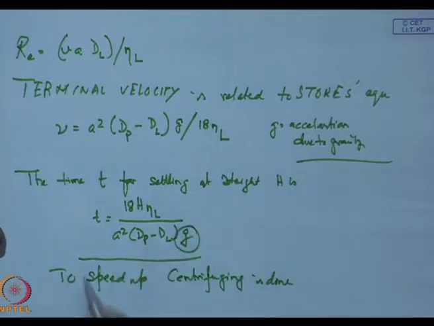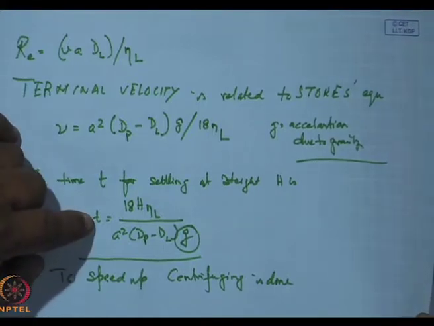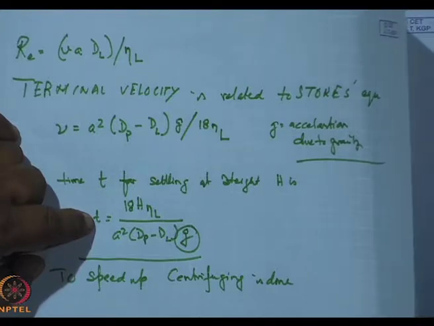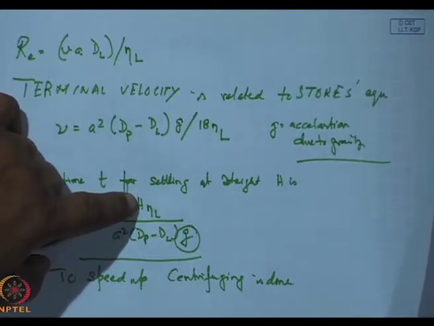The value of G goes up, the time reduces, and hence from here we can determine the particle size depending on the time it takes to settle at a particular height L.